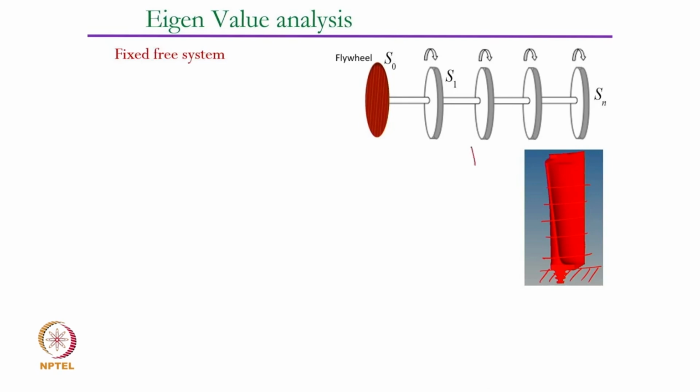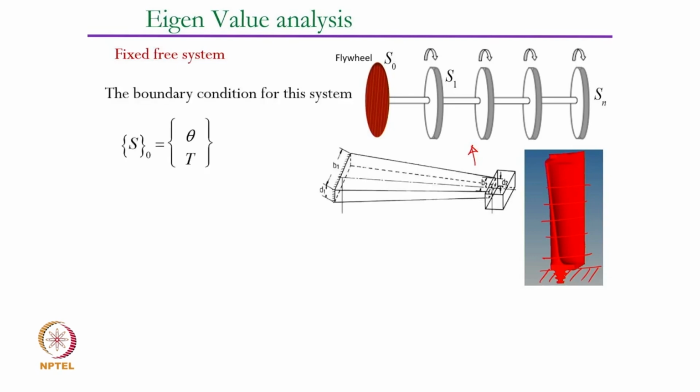But this is another example of the gearbox that we saw. Suppose one end is fixed to a big flywheel, and then the other end is free. Now if you look at the state vector at the station 0, here is your state vector S0, and here is your state vector Sn. It has its state variables theta and t.